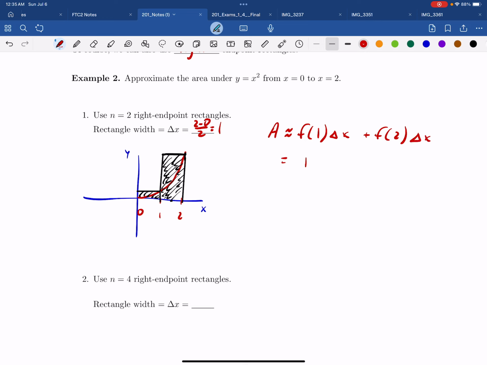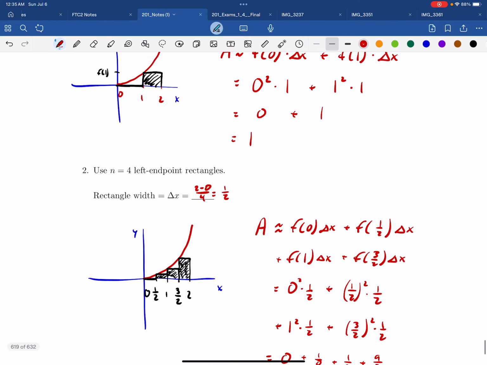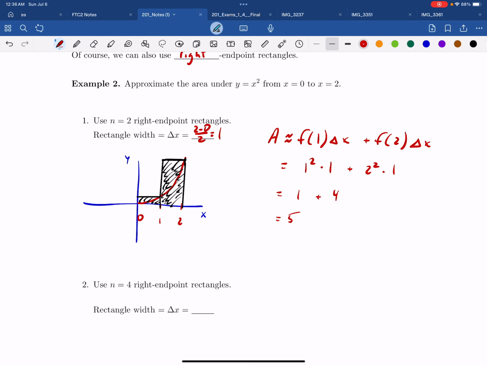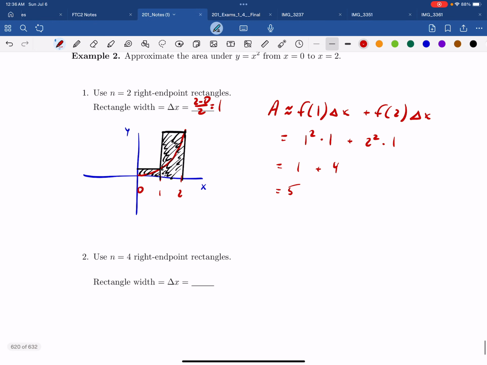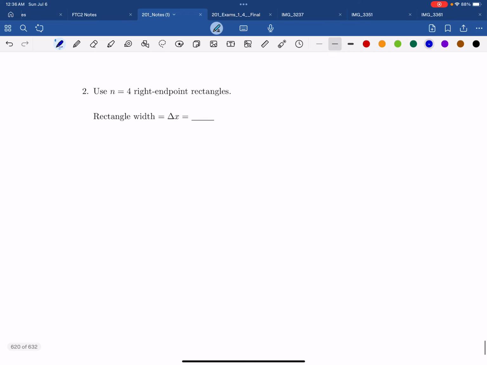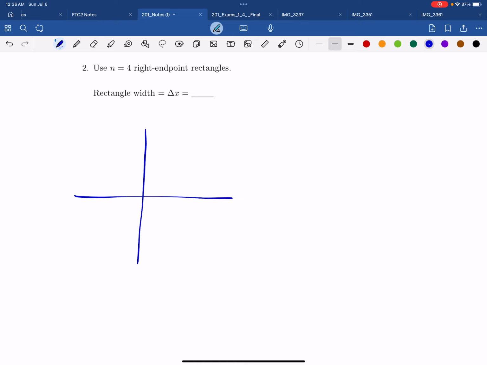And that's going to equal 1 squared times 1 plus 2 squared times 1, which equals 1 plus 4, which is 5. Now remember, our previous estimate had been 1. Here we're getting 5, so there's quite a bit of a difference between these two estimates. But we also remember that 2 rectangles is not a very good estimate. We should have more, like 4.